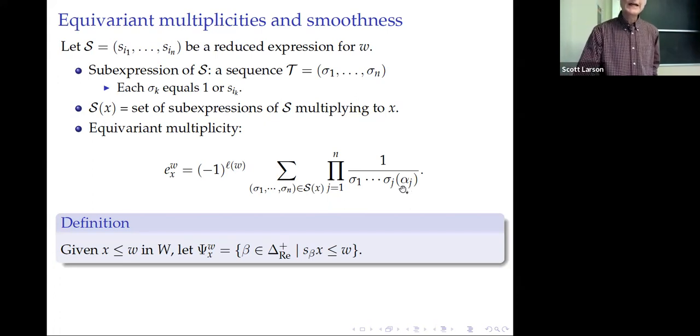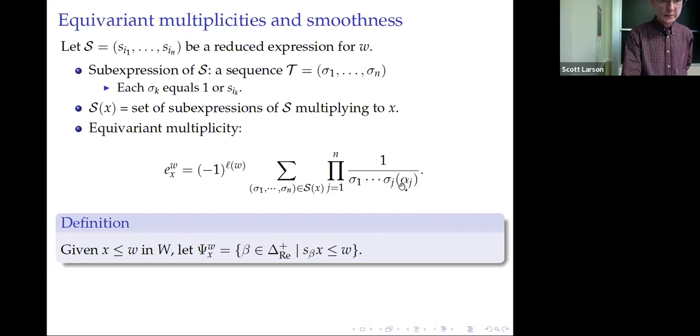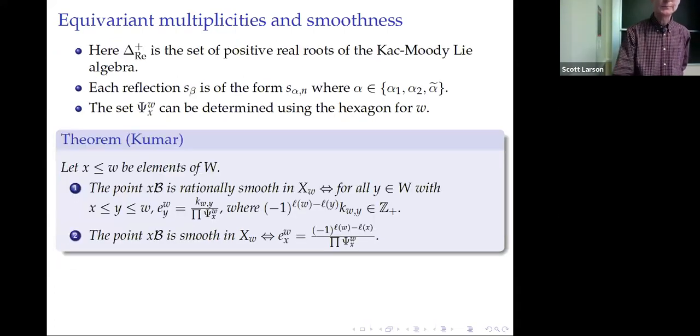Now, the only thing to keep in mind in this setting, which is something that I have glossed over entirely, is that the Kac-Moody group has its own set of roots, which are not just the roots alpha 1, alpha 2, and alpha tilde. In this setting we really have to be dealing with the roots of the Kac-Moody group, which is not too hard to deal with.